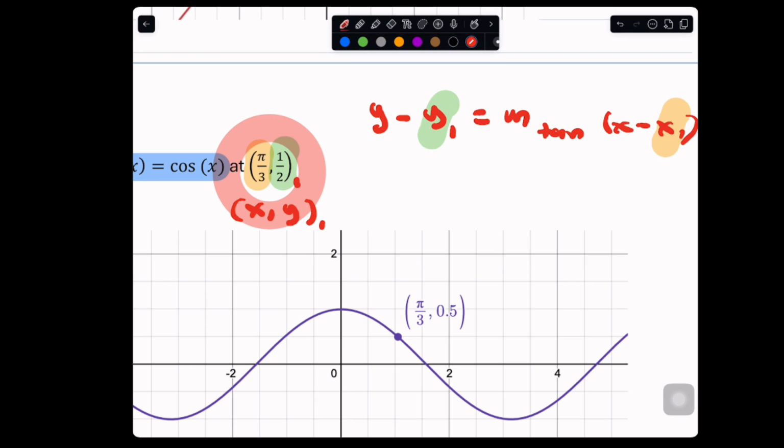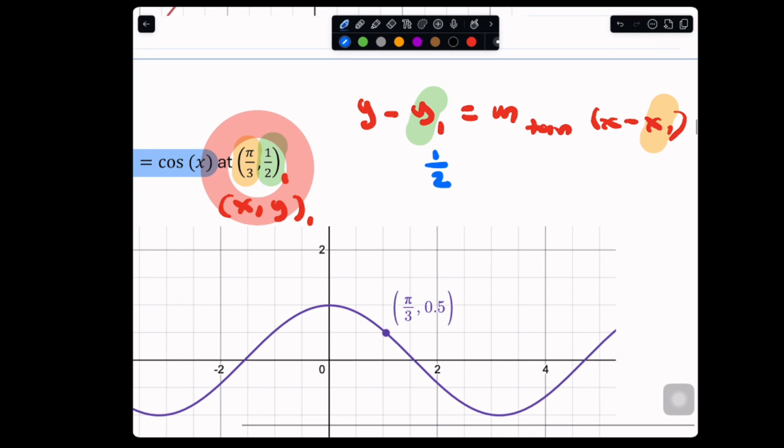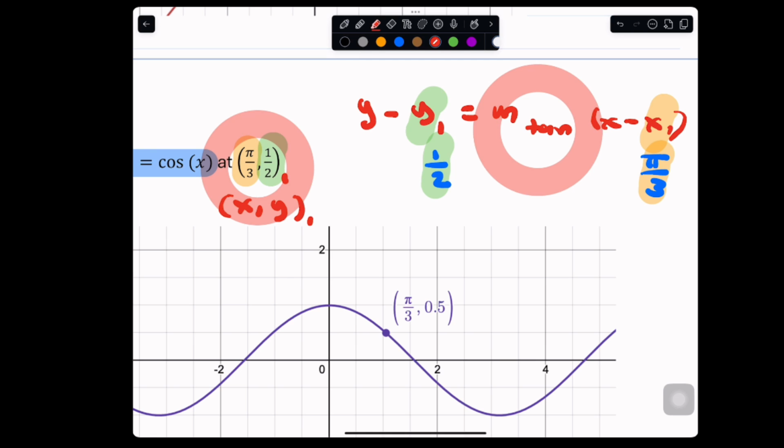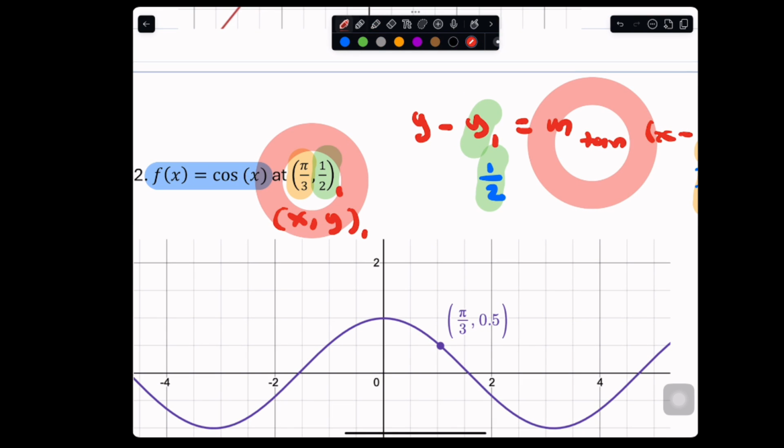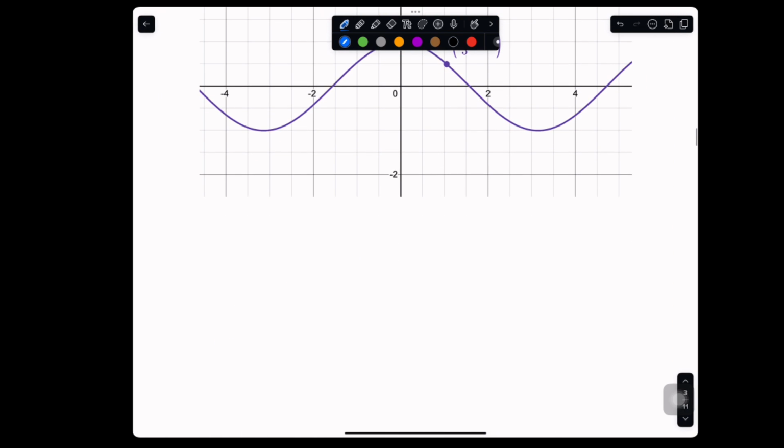So y1 is 1/2. x1 is pi over 3. Okay, maybe this helps you see things. And then, as you guys know, what do we need? We need m tangent. And in order to get m tangent, that's the derivative of cosine at pi over 3 now. So let's use that definition of m tangent.